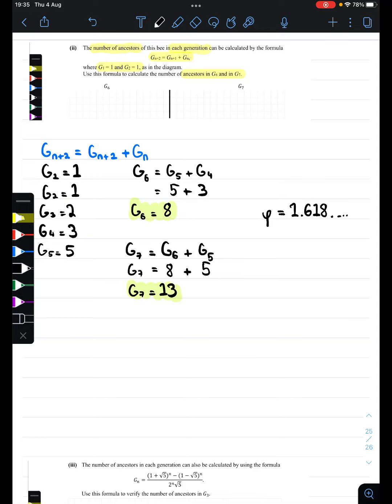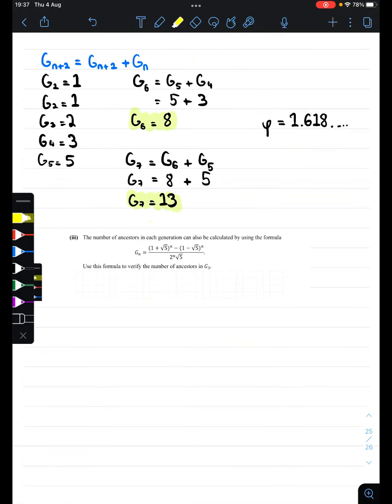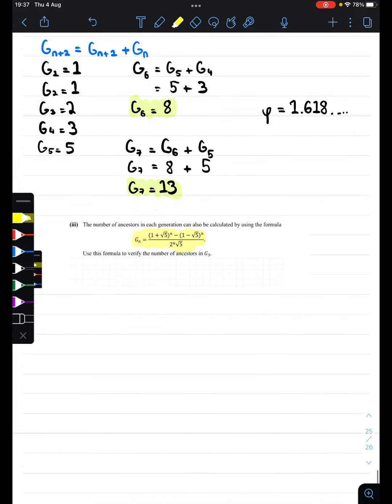Now for the last part, the number of ancestors in each generation can also be calculated using the formula Gn equals ((1 plus root 5) to the n minus (1 minus root 5) to the n) all over 2 to the n times root 5. So it wants us to use this formula to verify the number of ancestors in G3.